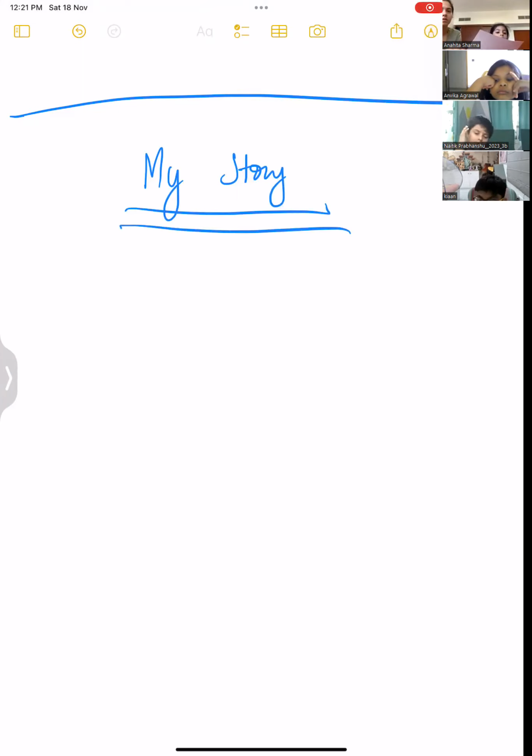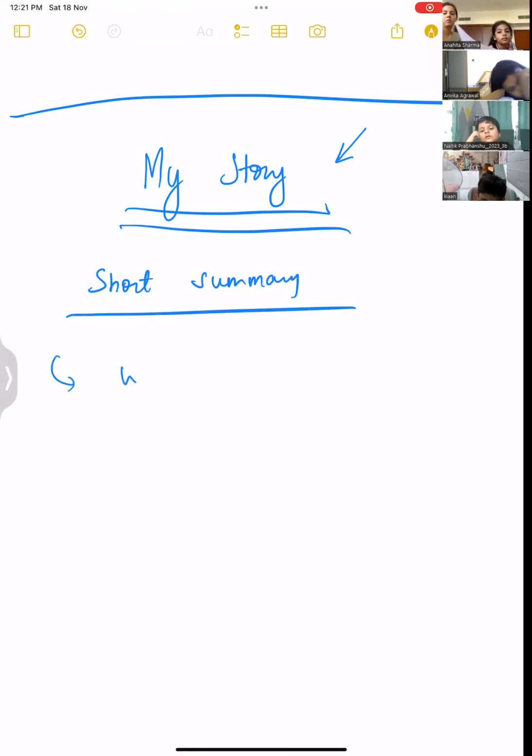The homework was that for the passage that we had read in the last class, you have to write a short summary. How are we going to write the summary? Now we have a couple of writing prompts. With the help of these questions, children, you are yourself going to come up with a lot of data.